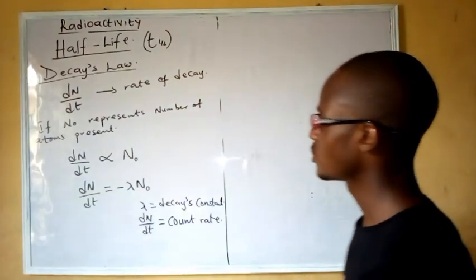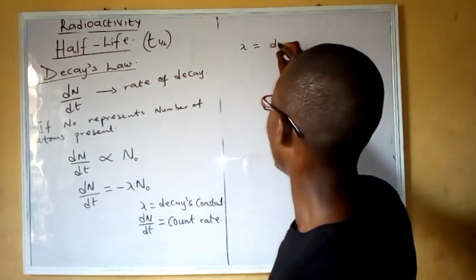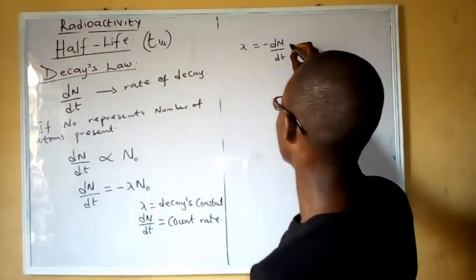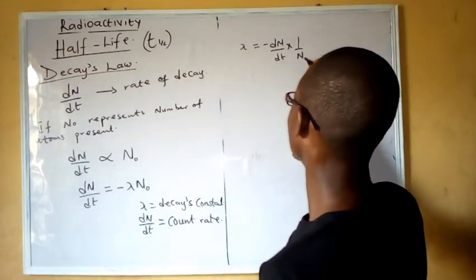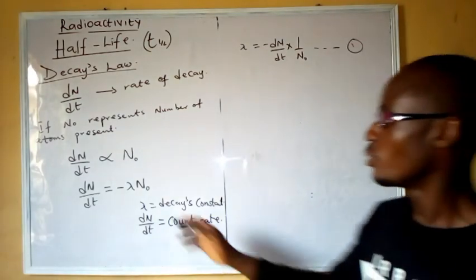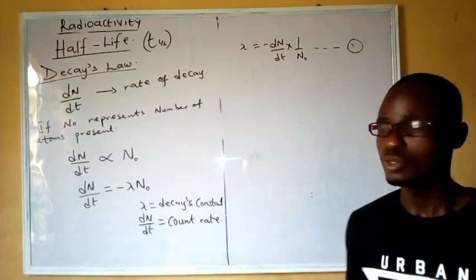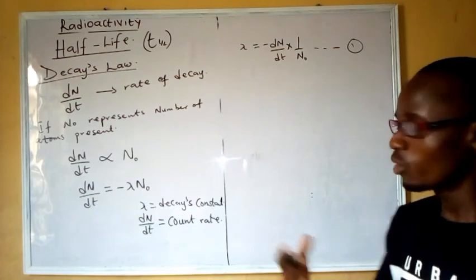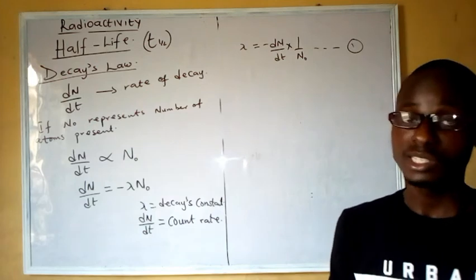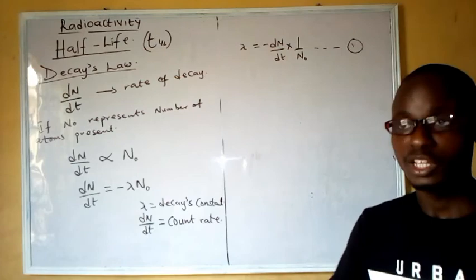The definition of the decay constant will now be negative dN/dt times 1/N naught. So this is the formula for the decay constant. However, when we integrate this, we're going to get a reasonable formula which we can use to determine the number of atoms present at a point of time, and the number of atoms that will be left after a given time.